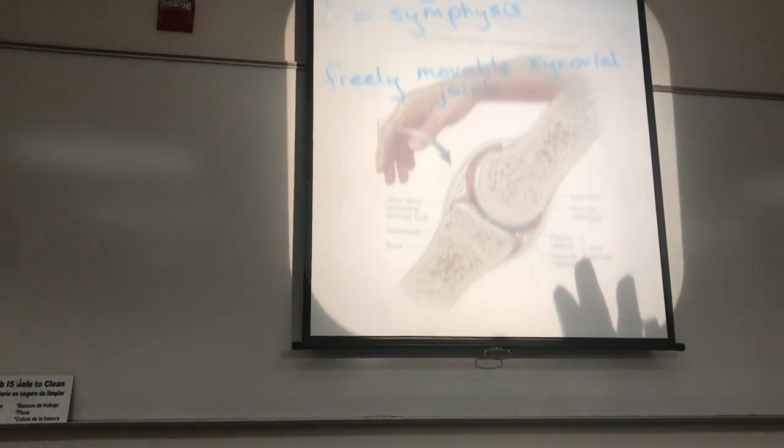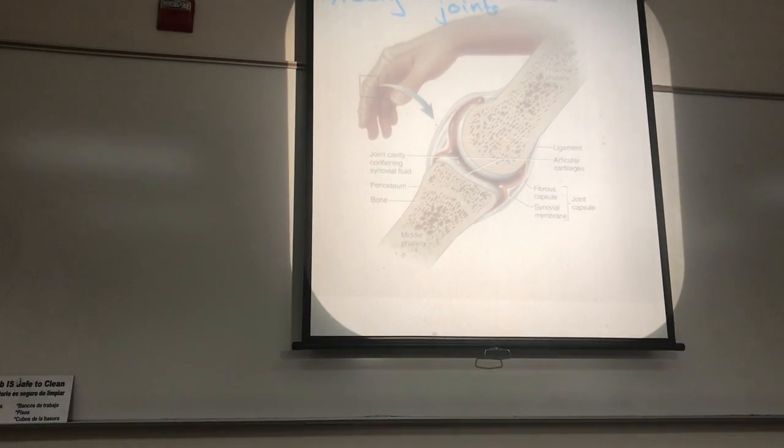This is the illustration from the Saladin book. I'm not a big fan of starting with this one. I don't want to just jump off into this, because this is a picture of an actual joint. This is a real joint.